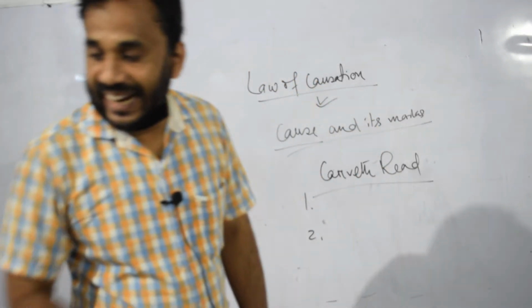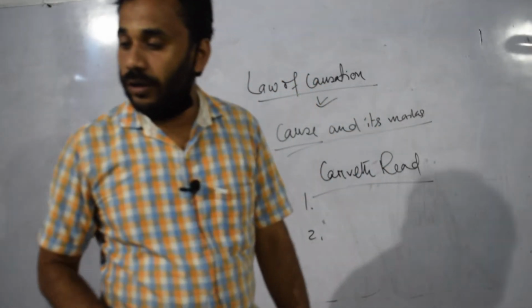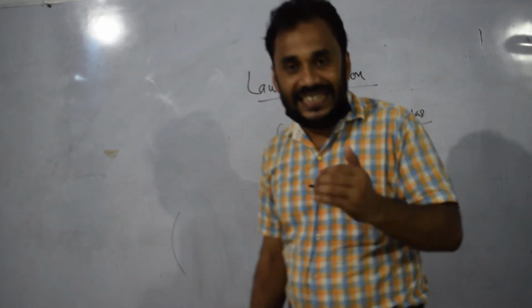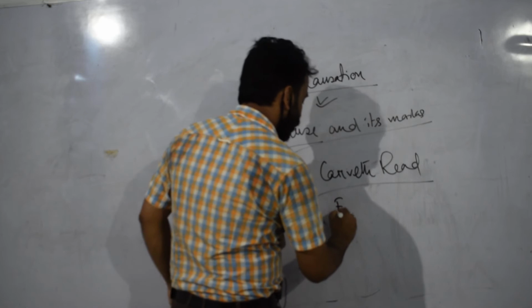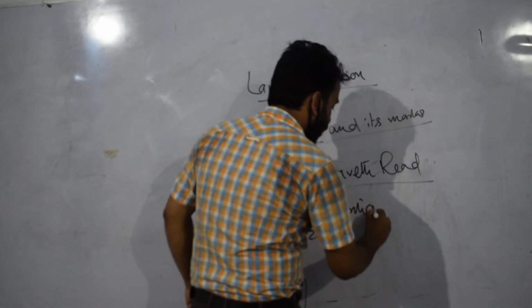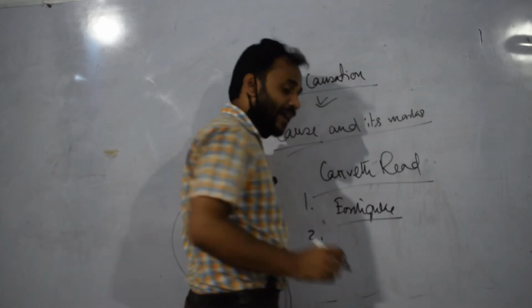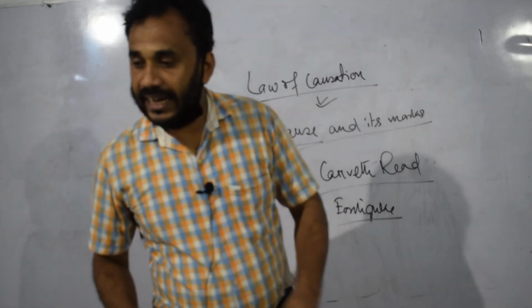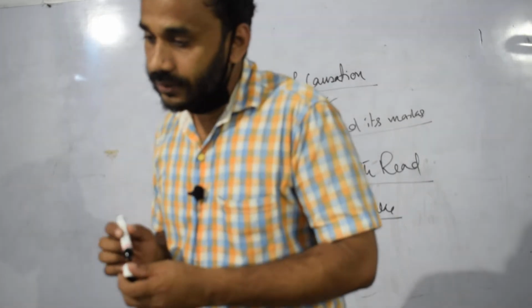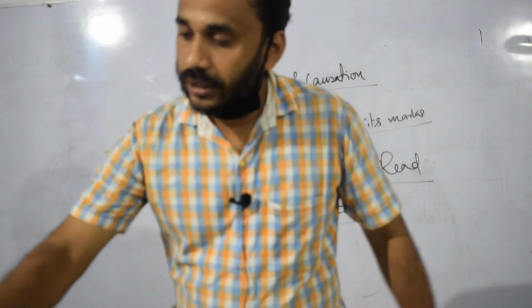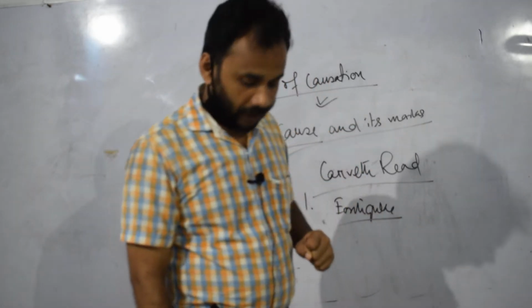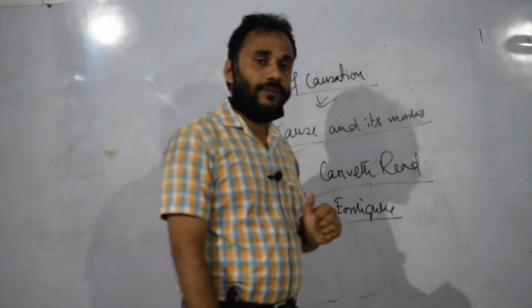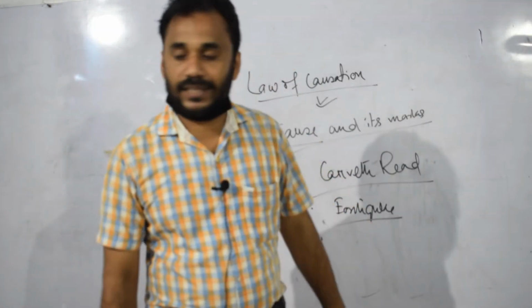So, we are anxious to know the cause of these events. That means these events, suppose earthquake. So, we are very much anxious to know the cause of earthquake, the cause of tsunami, the cause of cyclone, the cause of eclipse.